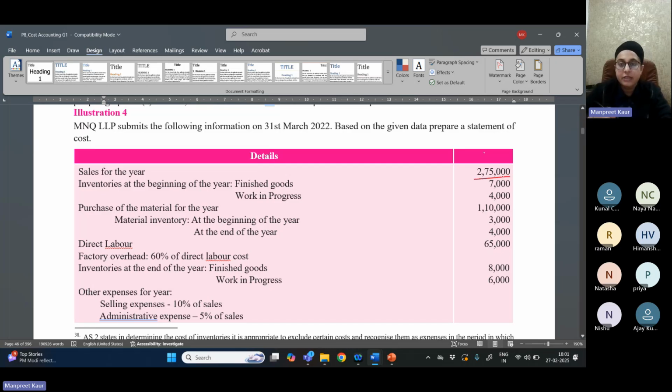Sales given is 2,75,000. Inventories in the beginning, finished goods and WIP. Keep in mind, that is FG and that is WIP. Both are opening. Opening FG and opening WIP. Purchase of material is 1,10,000. Material inventory at the beginning and at the end is 3,000 and 4,000.